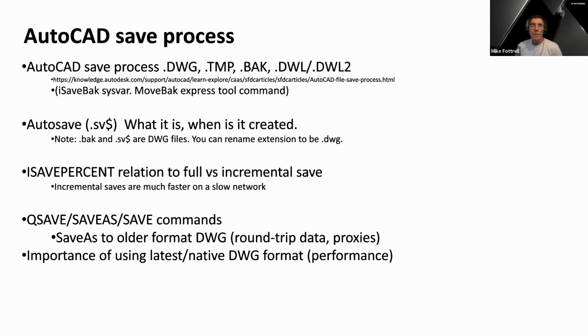So if for some reason you lost power, which we were talking about earlier, while you were working, and an autosave had kicked in but you hadn't manually saved yet, if you restart AutoCAD, you'll probably get a palette called the Drawing Recovery Manager, and it would probably present you with the .sv$ and .bak files. You could open those and choose to save them, because they really are just DWG files.